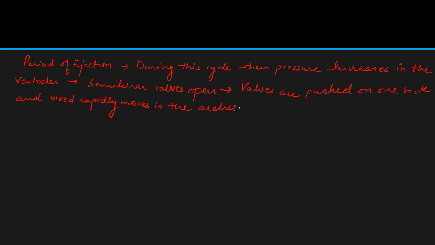During ventricular systole, the auricles receive blood from the large veins.